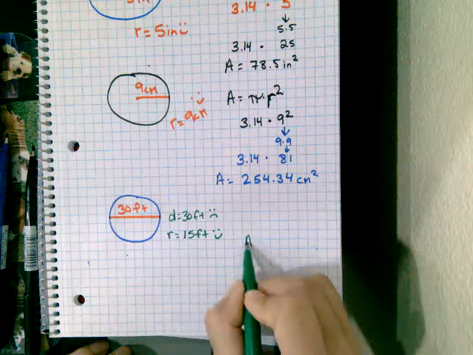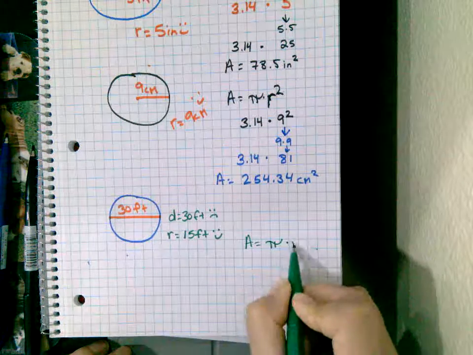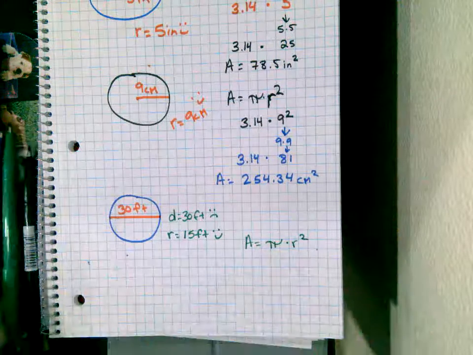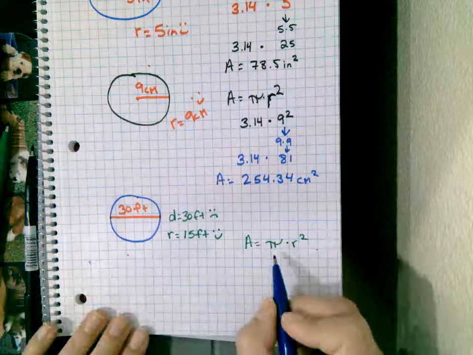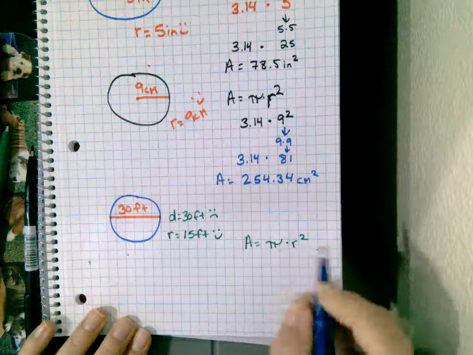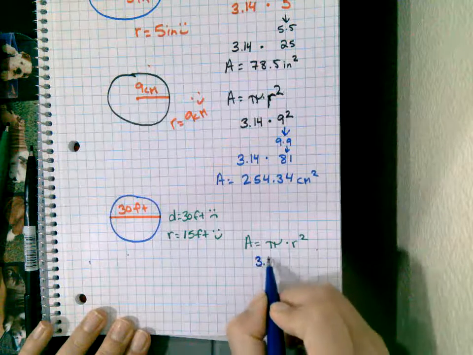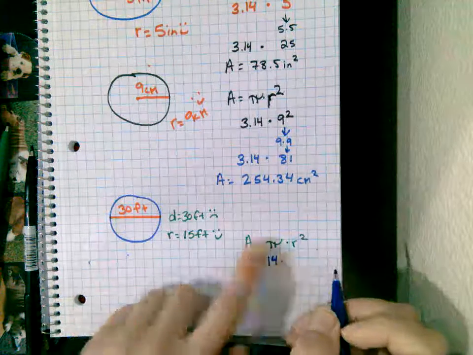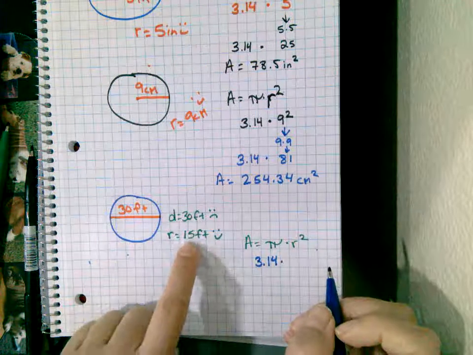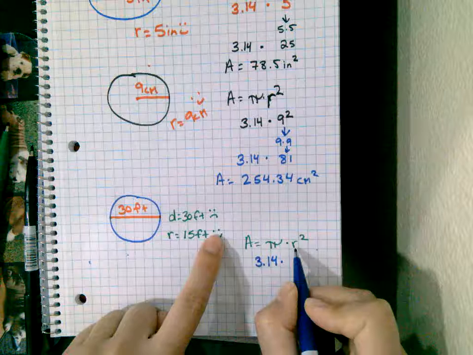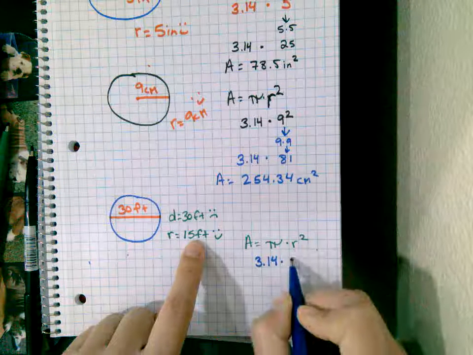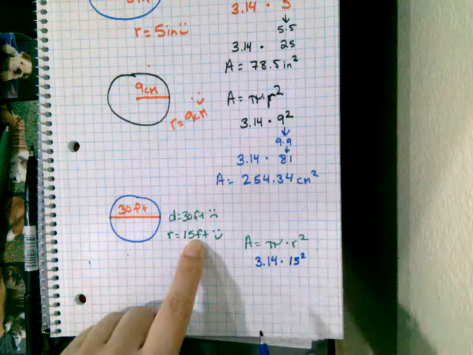All right. So area is equal to pi times radius squared, right? So hopefully now, because you've written it so many times, you know that pi is 3.14 times my radius. 30, 15, 15, 30. What do I use? Oh, it's an R. My R is 15, so that means I get to use 15, right?